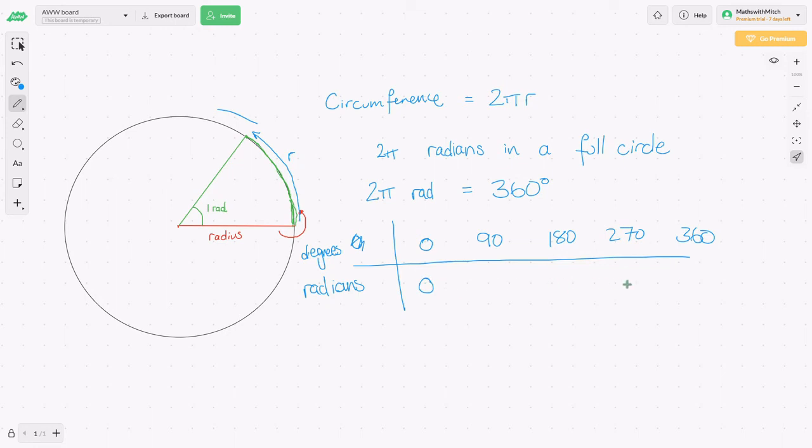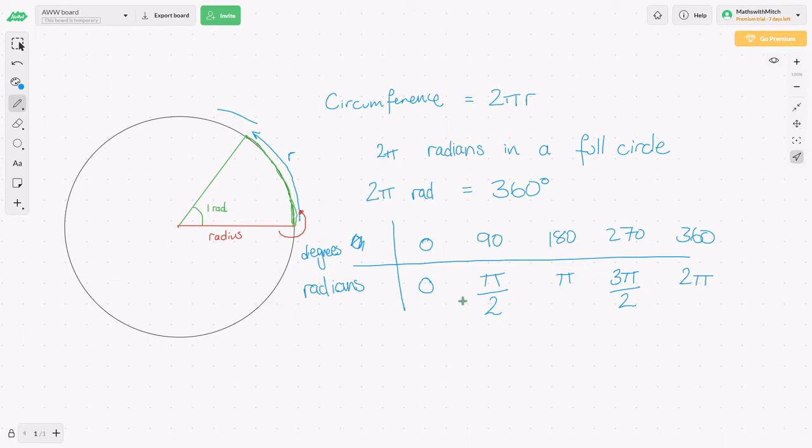There's no angle there. We've just said 360 is 2 pi, and then we can fill in the others. So 180 would be half of that. So we can say that's pi. 90 is half of 180, so it'll be pi over 2. And 270, that's half again in between 180 and 360. So that is 3 pi over 2.